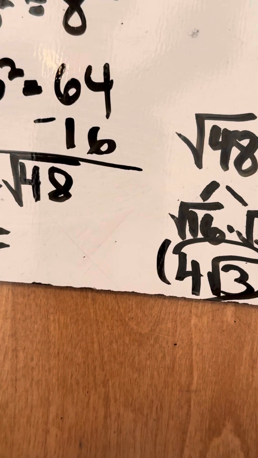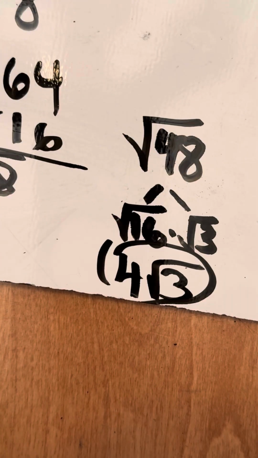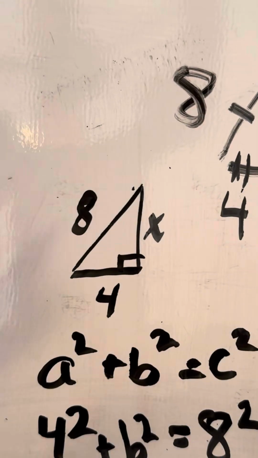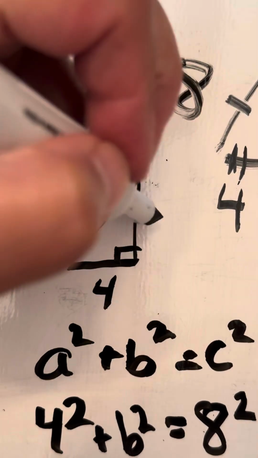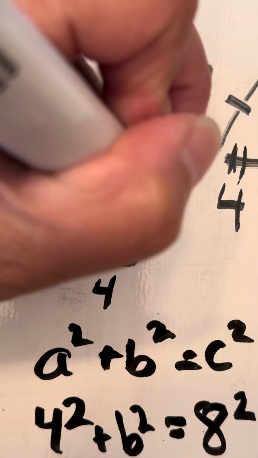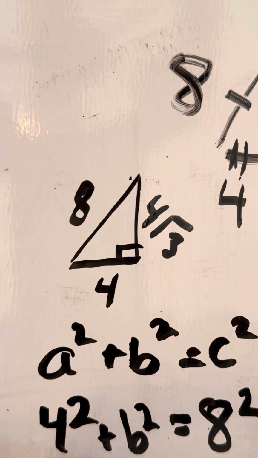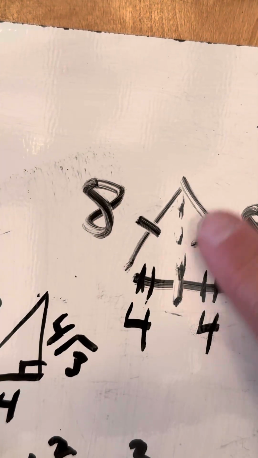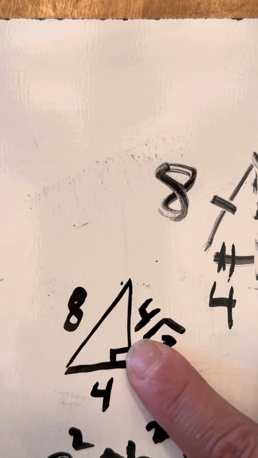Now, we're not done yet. So we've got the 4 root 3 as the height. Now I'm going to go back up here to this triangle. So here, 4 root 3 is this. But not only is it there, obviously it's up here too. So this is the whole triangle. This is only half of it down here. So this is a part of it.